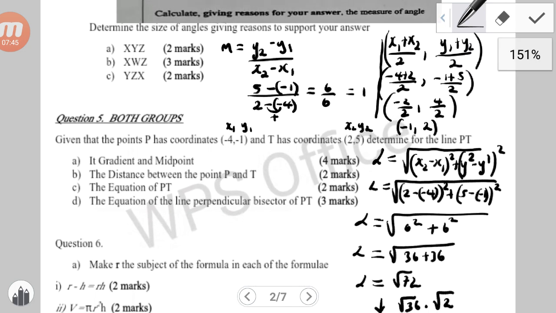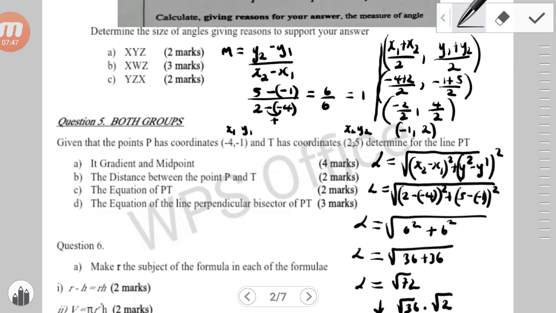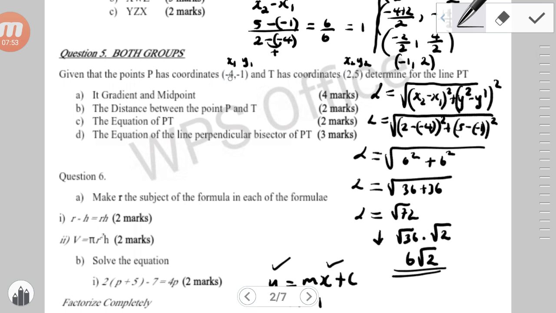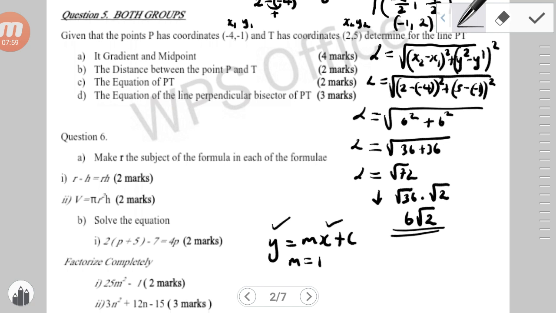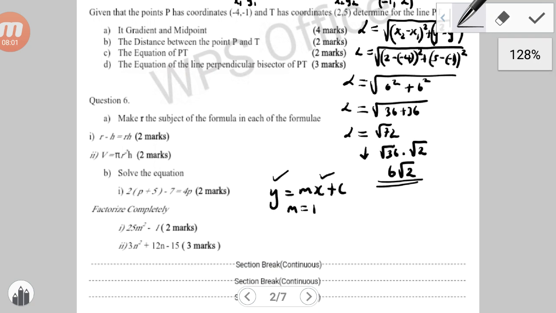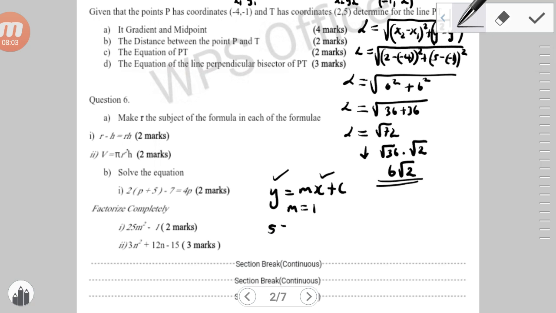We could have used either -4 -1 or 2 5. I think I'm just going to use the 2 5 because it's positive. It's a lot easier to manipulate. But if you want to use the -4 -1 as your x and y, then by all means that will get you to the same result. Now here we have y being equal to 5, so 5 is equal to m, which is 1, multiplied by x, which is 2, plus c. 5 is equal to 2 plus c.